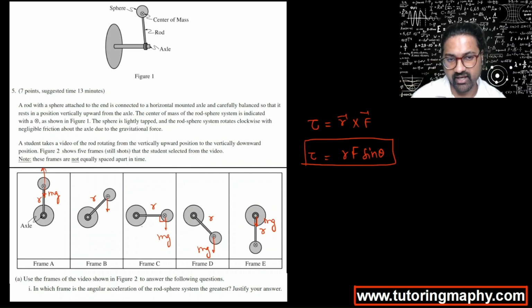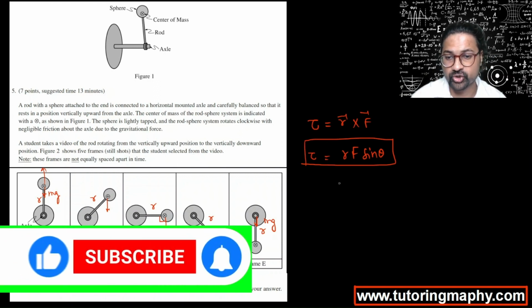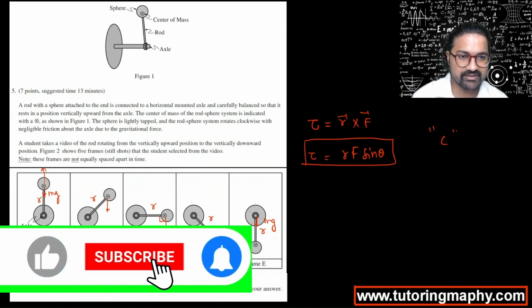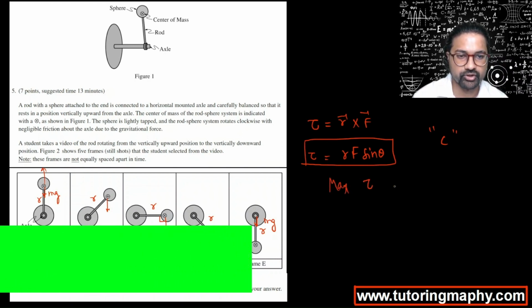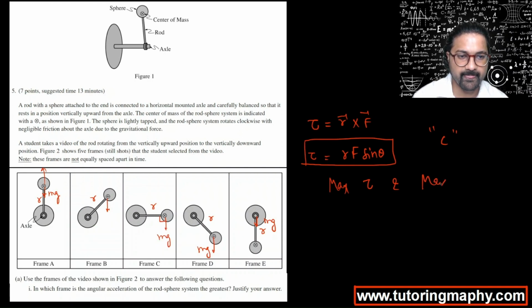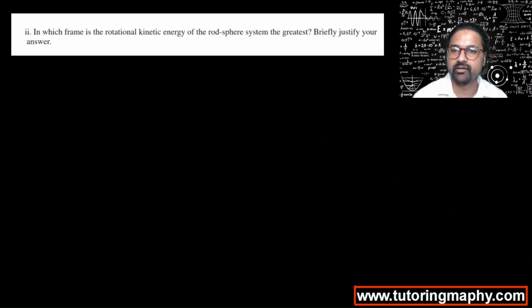So sine 90 is maximum, and this is in situation number C. So at C, we will have the maximum torque and maximum alpha, as the angle is 90 degrees and sine 90 is 1, which is the maximum value, right?